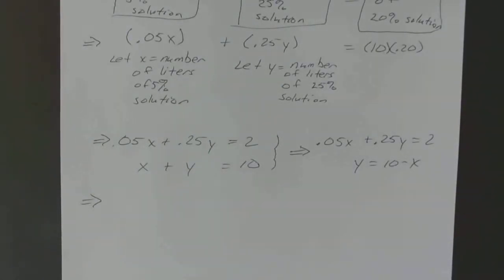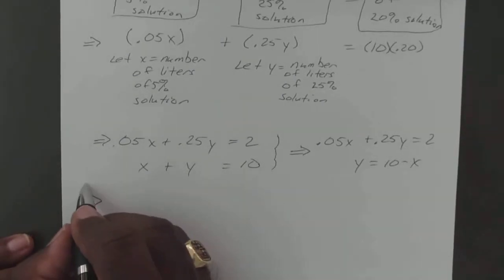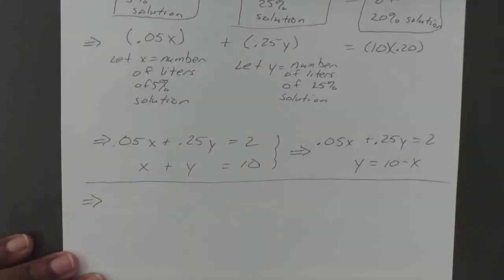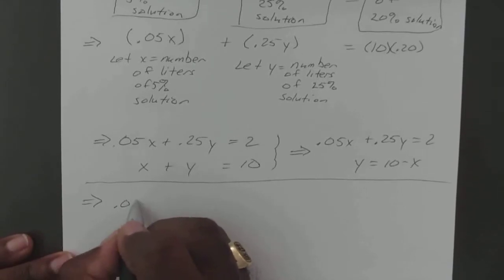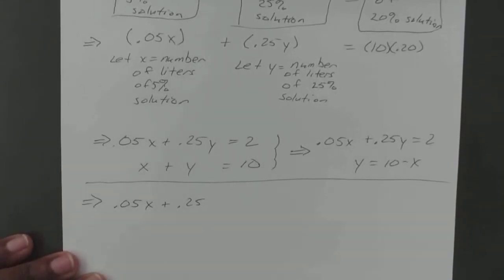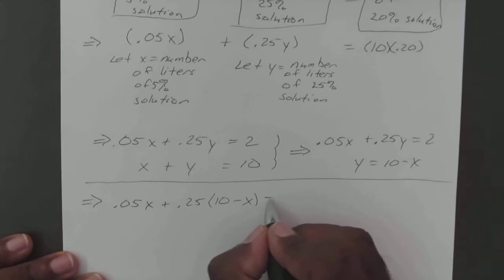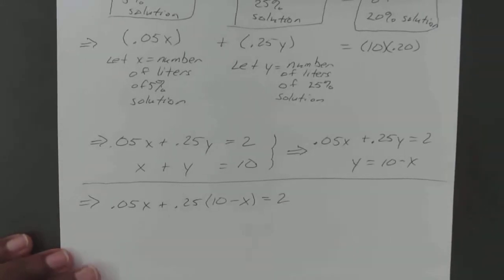So we can substitute that and solve for our x: 0.05x plus 0.25 times 10 minus x equals 2.